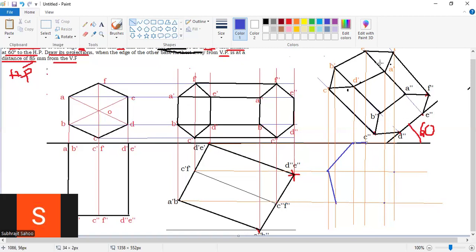So maybe this diagram will turn a little bit. This side will come like this, and this side a little bit down, because it is looking like a 45° angle, right? This is 90°. Observe this angle and this angle. It is 45° or 40°, but in the question it is given 60°.